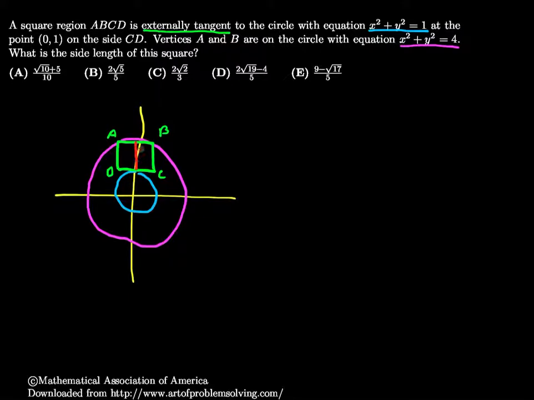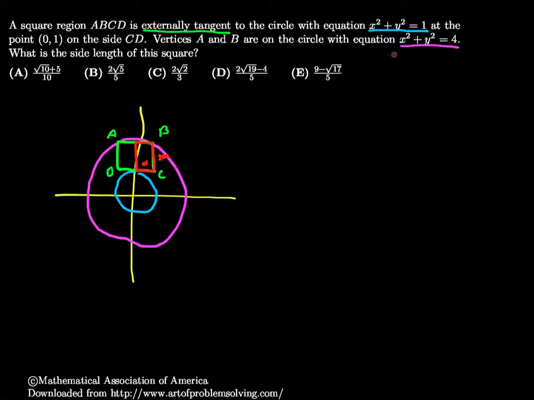The square region has to be cut in half here, which means that, let's call this alpha for lack of a better term, and then this is going to be 2 alpha because this is a rectangle, half of a square.